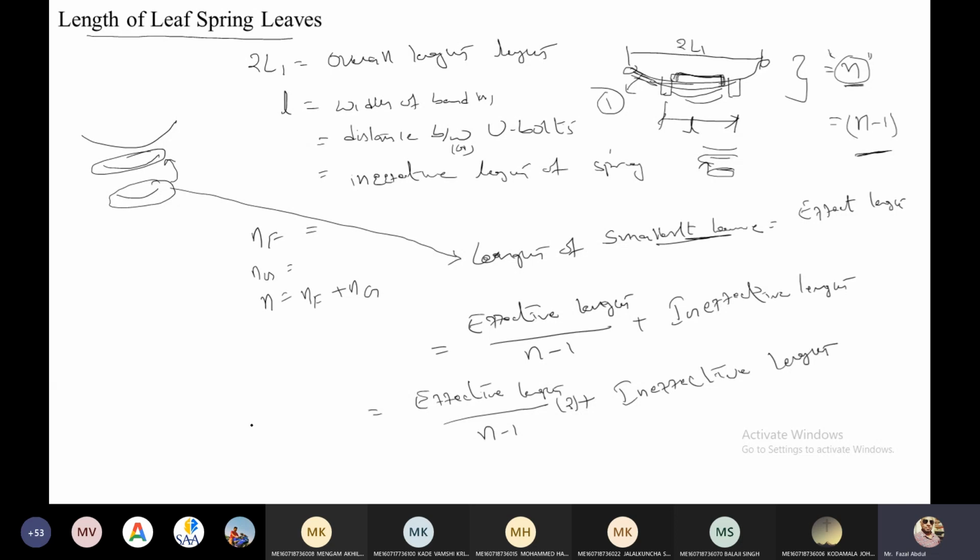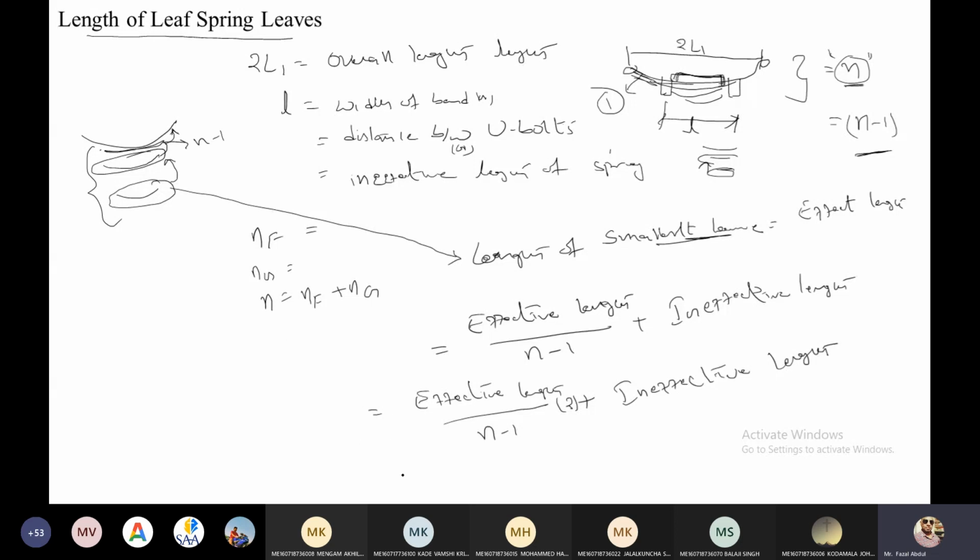Now similarly for the n minus 1th leaf, suppose this is the last graduated leaf before the master leaf, so that is n minus 1.